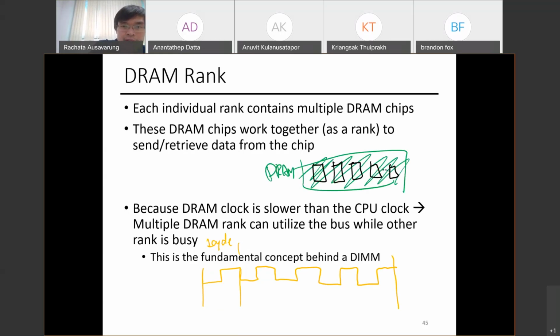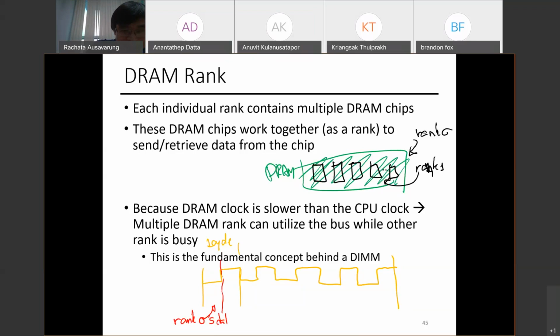You have rank 0 and rank 1, the front and the back side. What the DRAM is doing is, in the first half of the clock, you are sending rank 0's data, while in the other half of the clock, you are sending rank 1's data. So within one clock cycle, you manage to squeeze in both ranks' data.